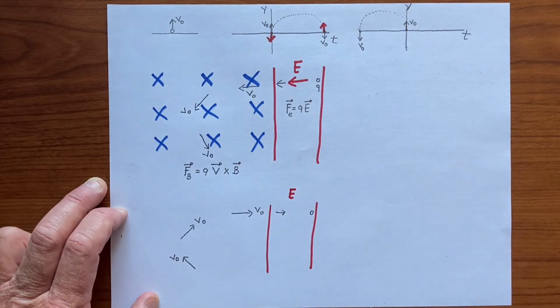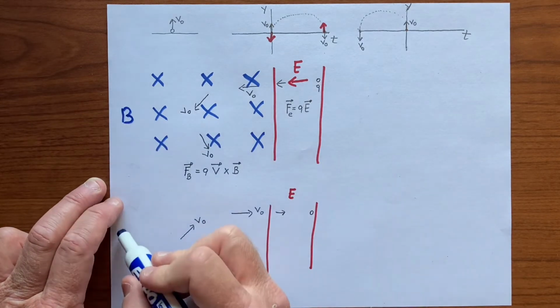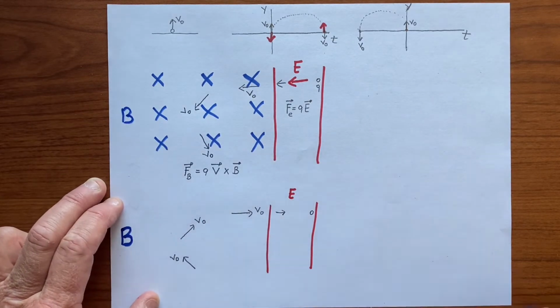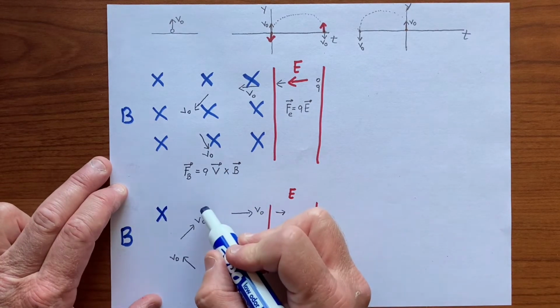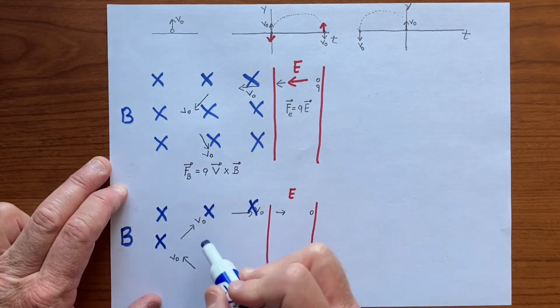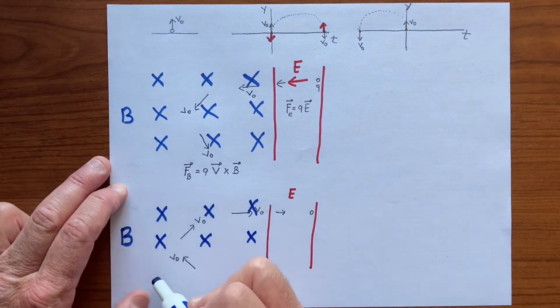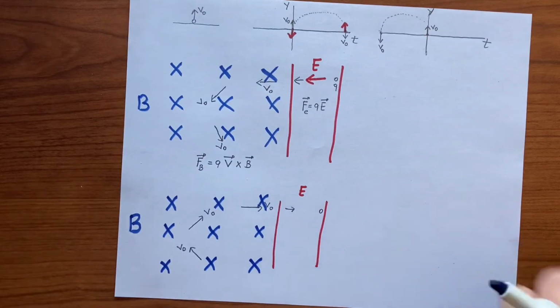So we have a magnetic field here, and we have a magnetic field here, and let's say that we insist on the magnetic field being into the page. Let's see if we get nonsense. Let's see if we can reconcile this motion with the basic laws.